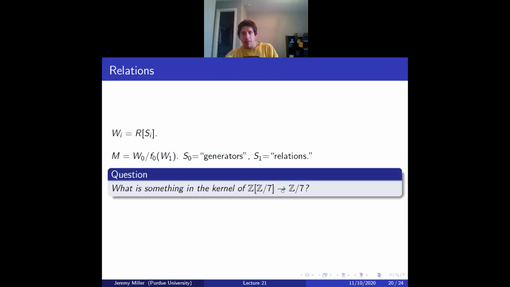Okay, this map is not injective because the left group is infinite and the right group is finite, so clearly there are things in the kernel.